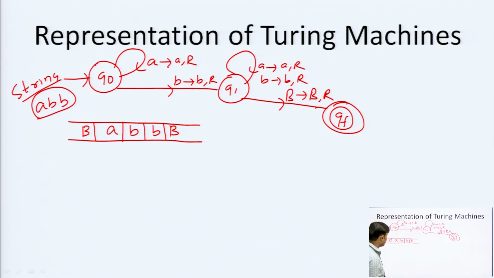So both sides are considered blank, otherwise you can write a capital B as blank, which we have considered here.